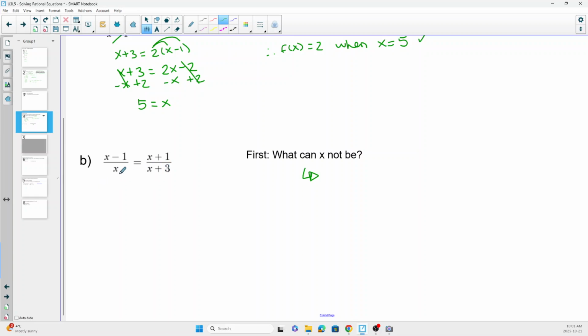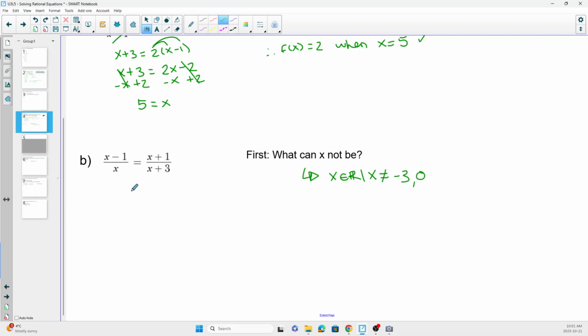So there's going to be two x values that are absolutely out of the question, are not possible solutions for this equation. So we could say that x is an element of the real numbers such that x cannot equal, from here, negative 3, and over here x cannot be 0.